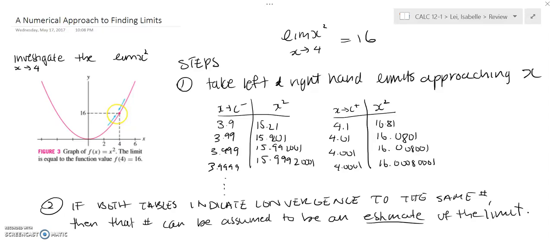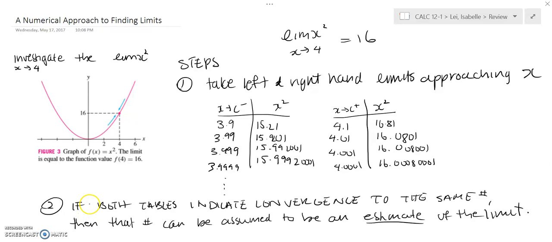If, say, on this graph there was a hole here, doing this through the numerical approach would still give us 16, but it wouldn't tell us that there might be a hole here. So we just have to keep in mind that numerical investigations only suggest that the limit exists, but it can't be proven. Only limit laws can do this, and that will be discussed later on.